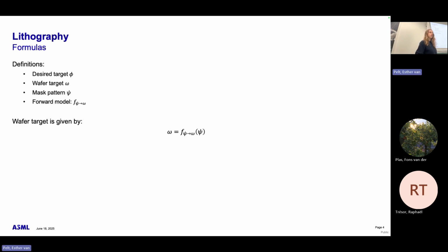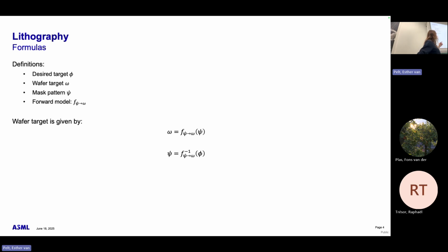To formally introduce that, we have some definitions. Our desired target phi, that is what we actually want to have on a chip. Our actual wafer target omega, so what is printed on the chip. The mask pattern and a forward model. The wafer target is then given by putting a mask through the forward model, which models the lenses and the resist behavior.